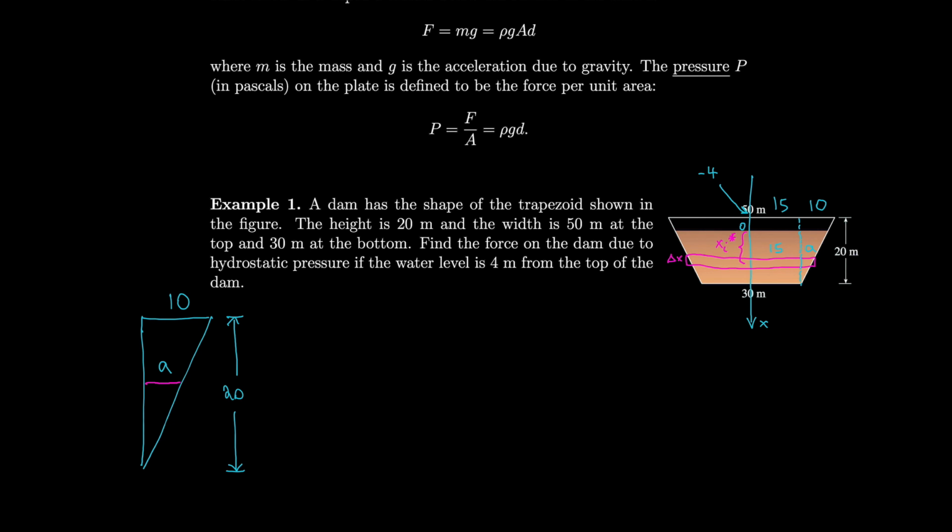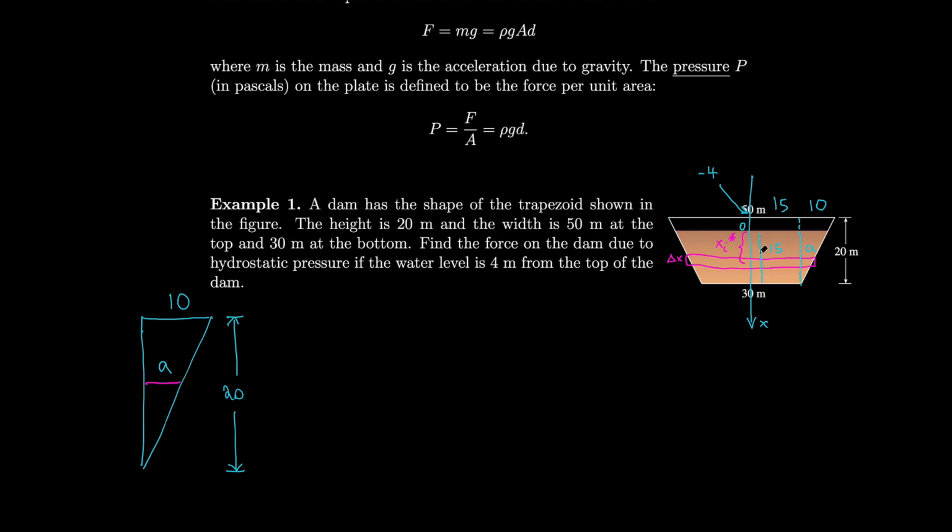So if from here to here is xi star, and from here to here is 16, because remember we started at 0 and the height is 20. If I go to the top, that's at -4, so this is 4 away, this little bit over here.